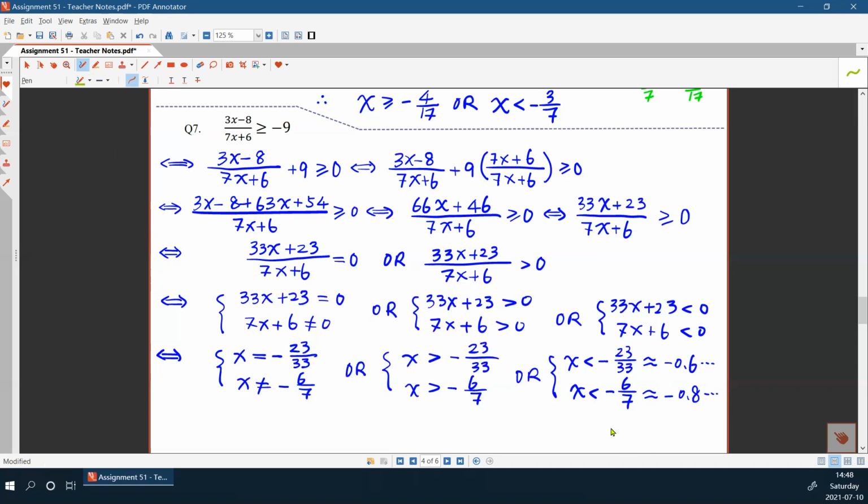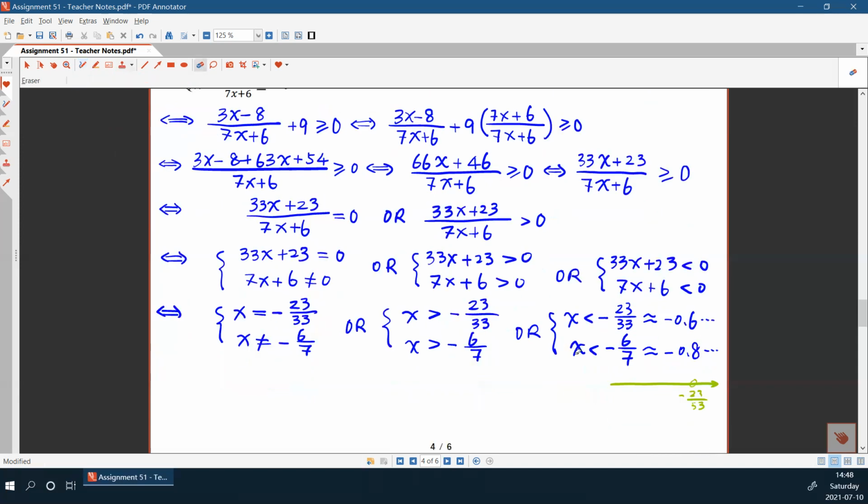Of course, we draw a number axis if this number is minus 23 over 33. This number is larger, right? And minus 6 over 7 must be on the left of the minus 23 over 33.